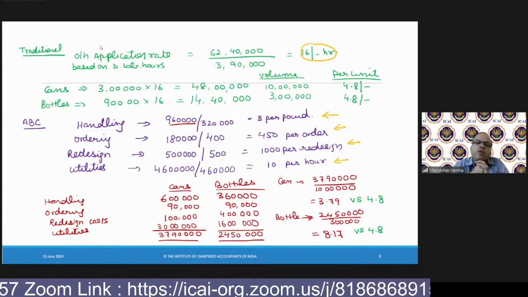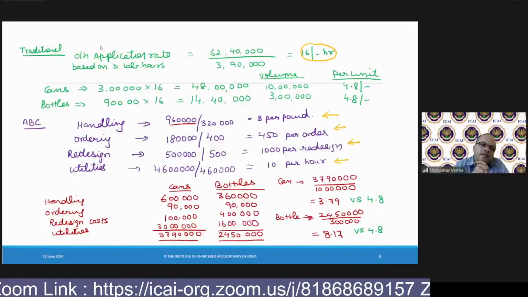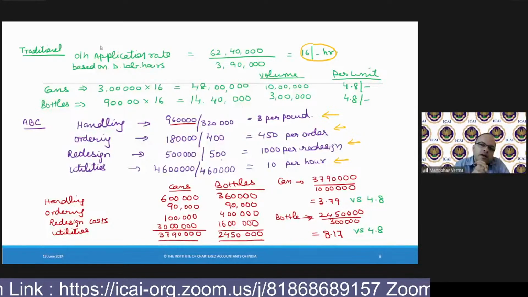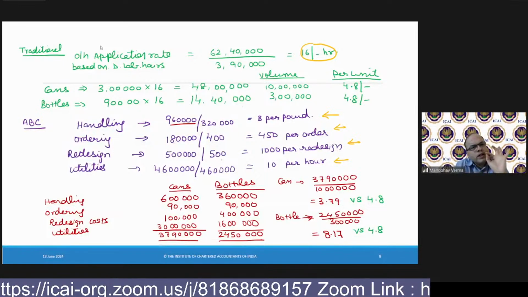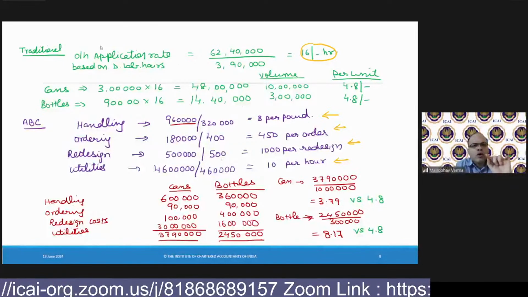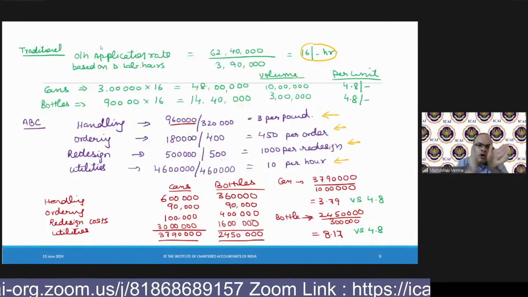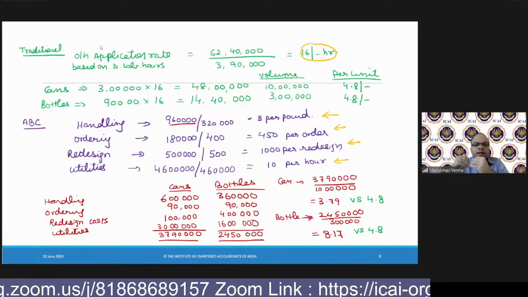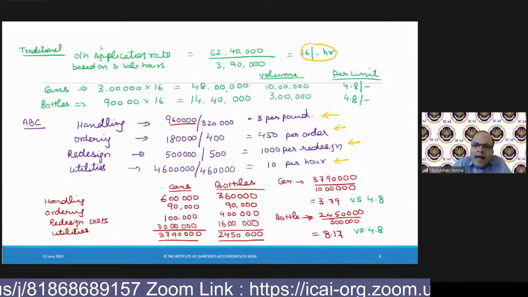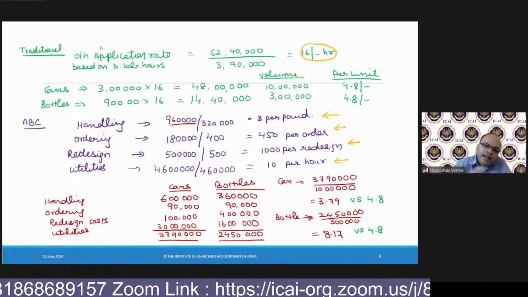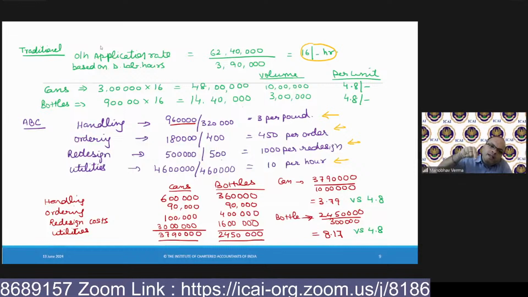So if I'm allocating 4.8, I would be pricing it based on 4.8. If I'm including the overhead cost of 4.8 for cans, my overall cost, material, labor, overhead, what will happen here is my cans pricing will be based on 4.8 versus it should be 3.79.